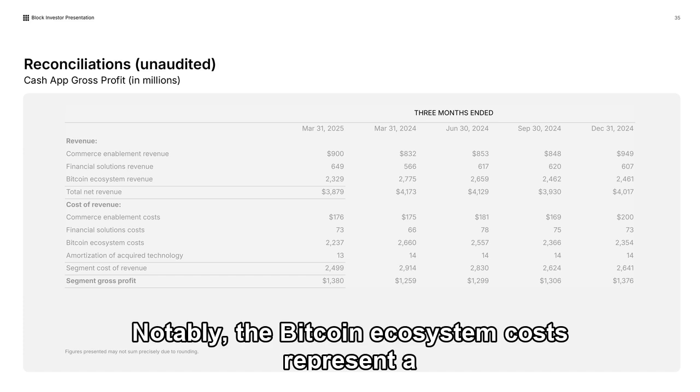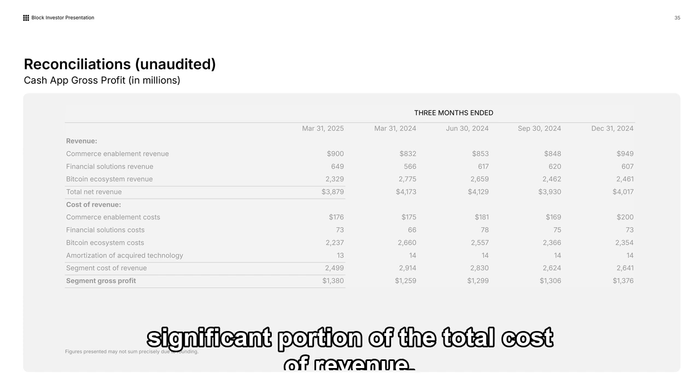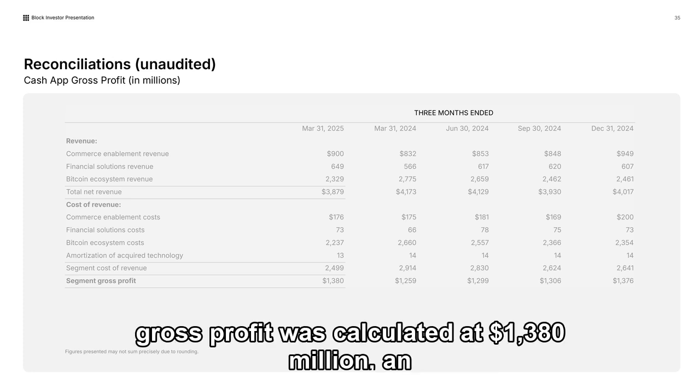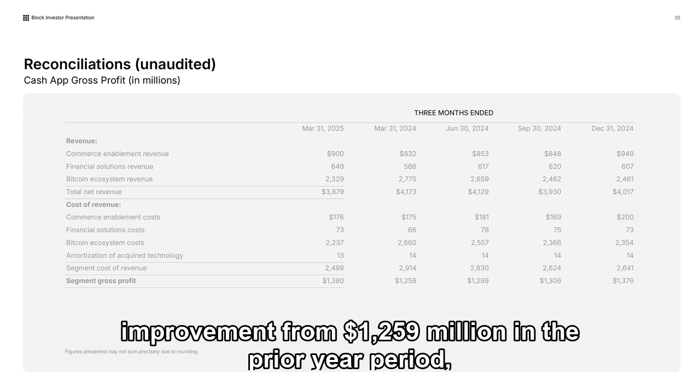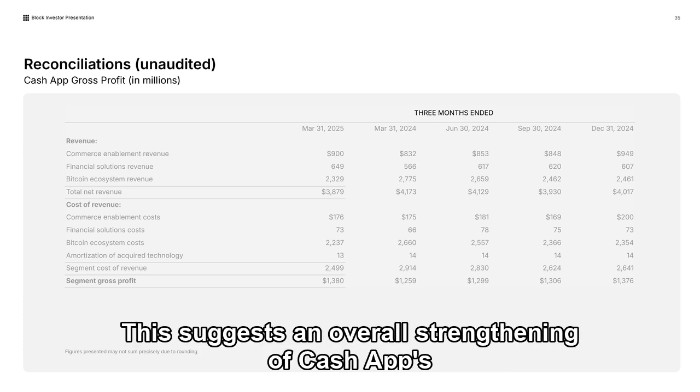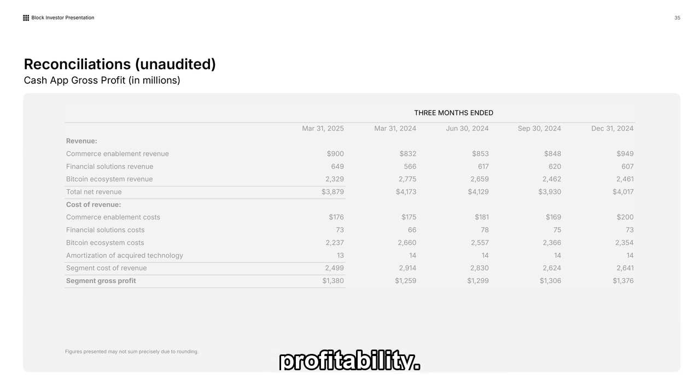Notably, the Bitcoin ecosystem costs represent a significant portion of the total cost of revenue. Based on these revenue and cost structures, the segment gross profit was calculated at $1,380 million, an improvement from $1,259 million in the prior year period, indicating a positive trend. This suggests an overall strengthening of Cash App's profitability.